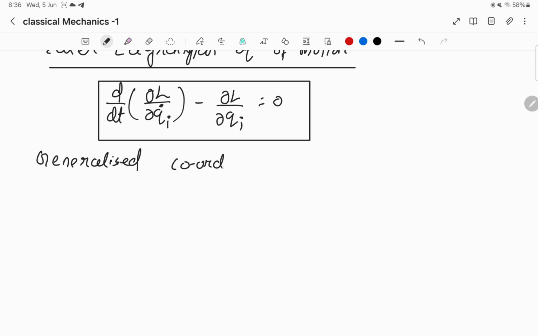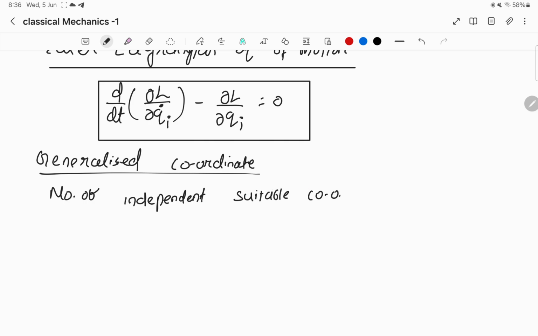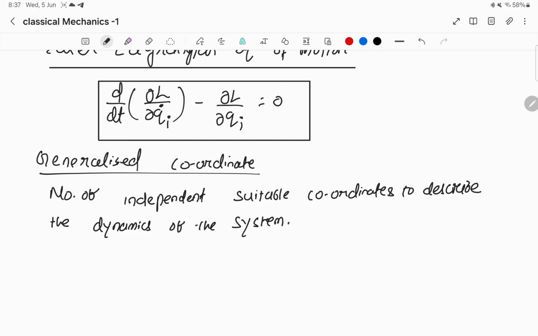Generalized coordinates are the number of independent suitable coordinates to describe the dynamics of the system. That's all.